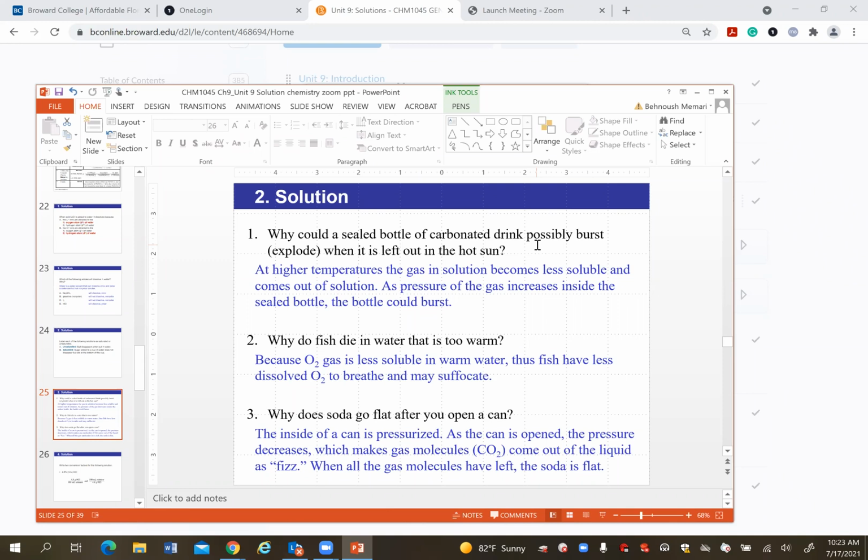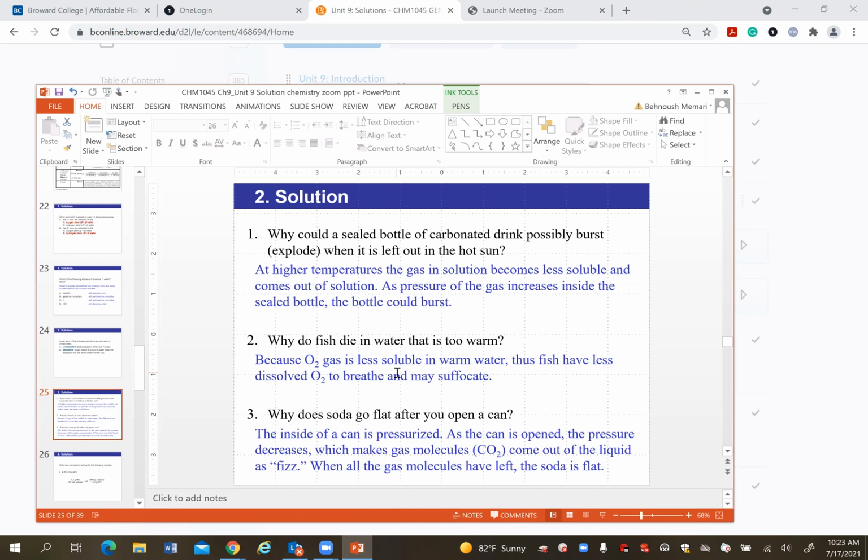If the water is too warm, fish would die. And the reason for that is warm water does not hold enough oxygen gas, because solubility of gas in water decreases as you increase the temperature. So if you warm up the water, all the gas is going to go away.